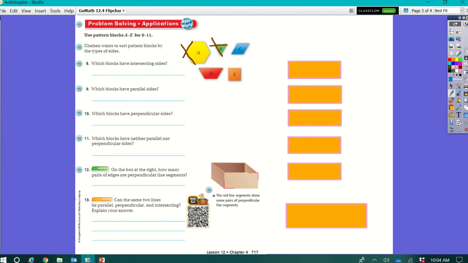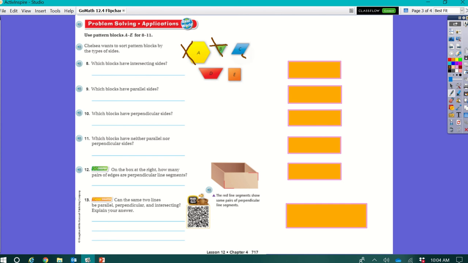On C, pick 2 lines, but you want to pick 2 lines on all of these shapes that form an angle, that touch. So on C, you don't want to go to the sides that are across from each other. You want to go to the sides that are adjacent to each other, that actually touch, to see if they're intersecting.